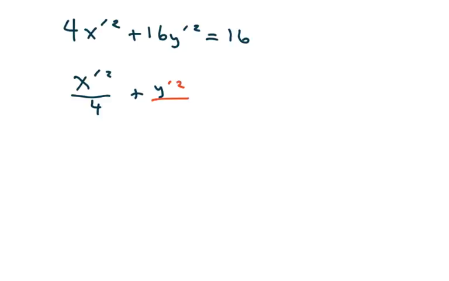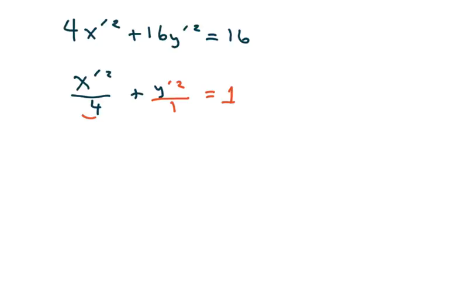4x prime squared plus 16y prime squared equals 16. Now we're going to divide everything by 16, so you get x prime squared over 4 plus y prime squared over 1 equals 1. So this is an ellipse.